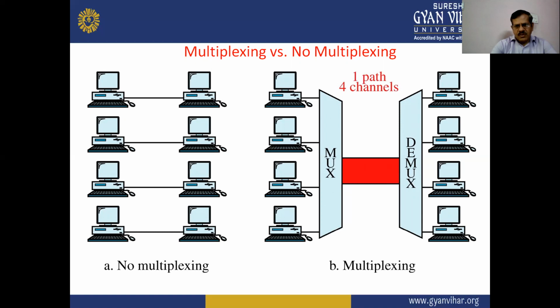Again, the demultiplexer converts one path or one channel into different output channels or output signals. So this is the difference between multiplexing and no multiplexing.